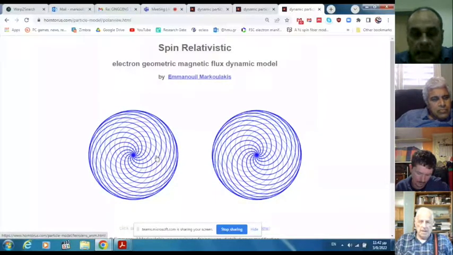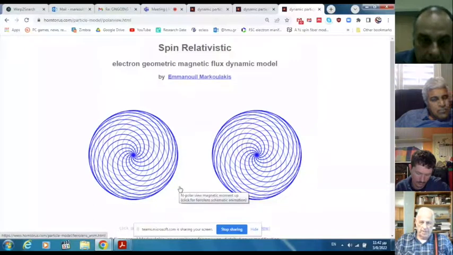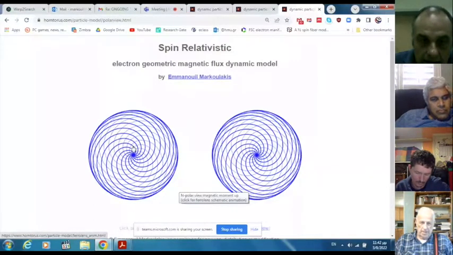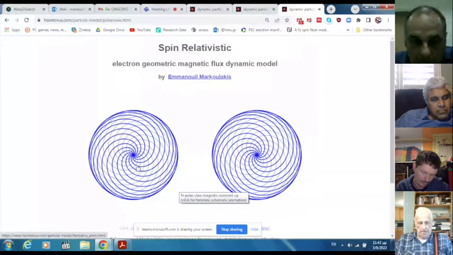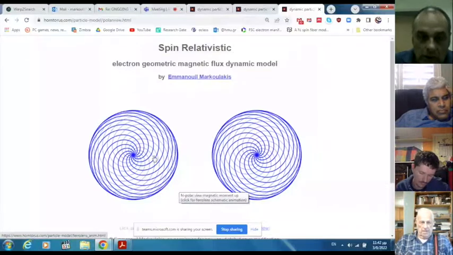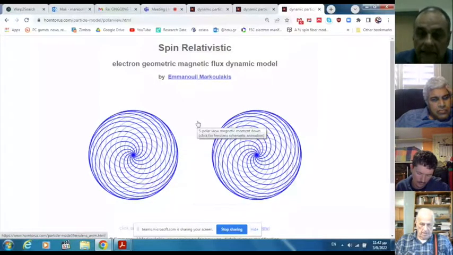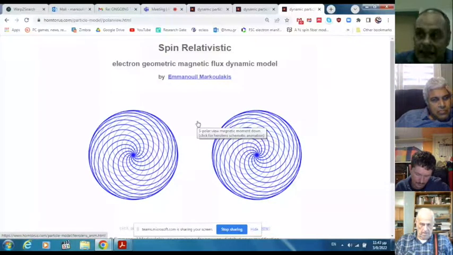So that's exactly what they mean. This is right-handed, the flux going this way, and when you see the opposite side, they're going in the other direction. They're leaning in the other direction. That's exactly what they're saying: that the physical electron consists of two electrons, a left-handed and a right-handed chirality.